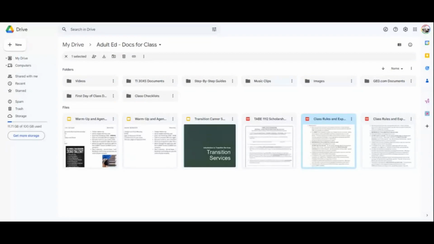Today we are going to be graphing points on a coordinate plane. And this is directly related to what we are doing.